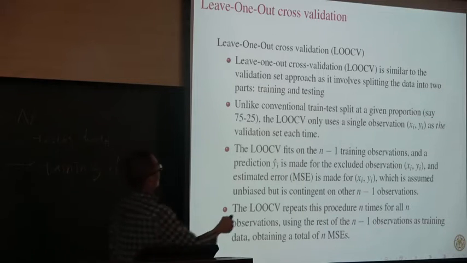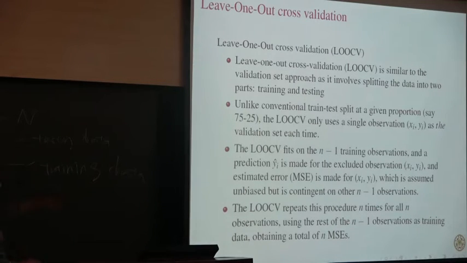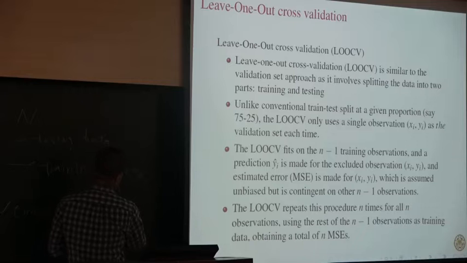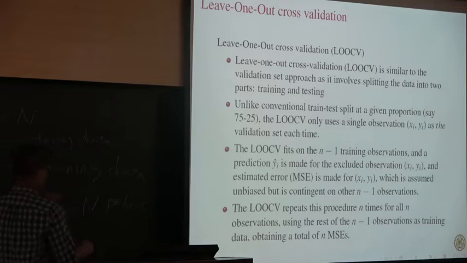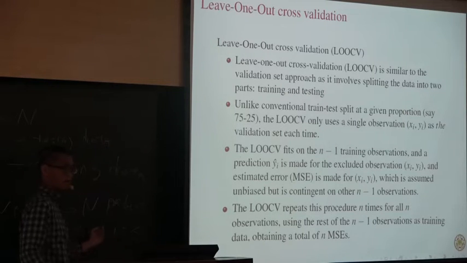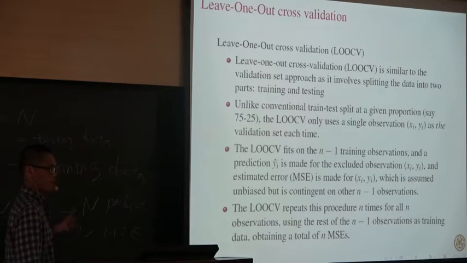So that is leave-one-out. And then you do the train-test split and prediction n times. That means you will make n predictions, and since you have training and testing data, you have n mean squared error estimates, right? And then you take the average of that as your model MSE.